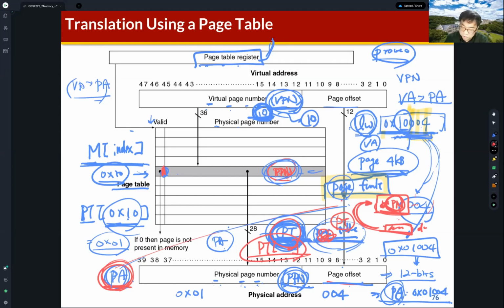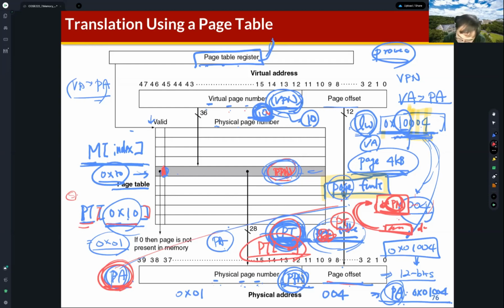The page table is a software structure that looks like a PT, and each entry of the PT is indexed by the virtual page number. Because this is a software structure, the page table is located in memory.